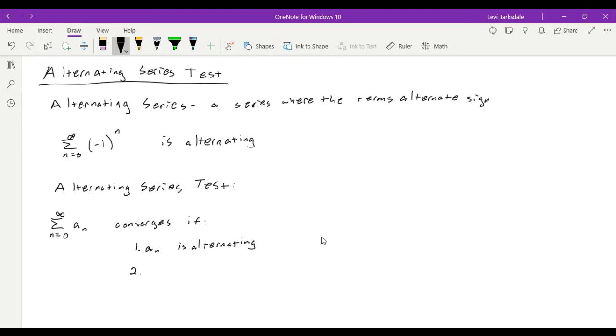Second, each term has to be smaller than the one that came before it. And mathematically speaking, we write that the next term, a sub n plus 1, is smaller than the current term, a sub n. And lastly, terms in the sequence have to go to 0.